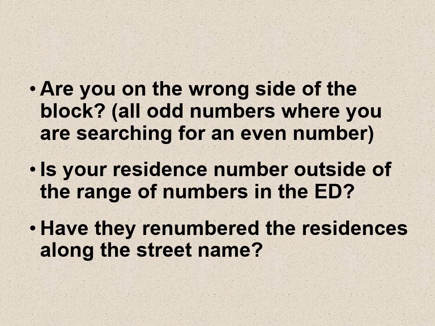Also, I would ask, are you on the wrong side of the block? So you're looking for an even number, and all the numbers on that street name are odd. You're on the wrong side. You're on the wrong block. Is your residence number outside of the range of numbers in the ED? Well, that's a possibility. And have they renumbered the residences along the street name?